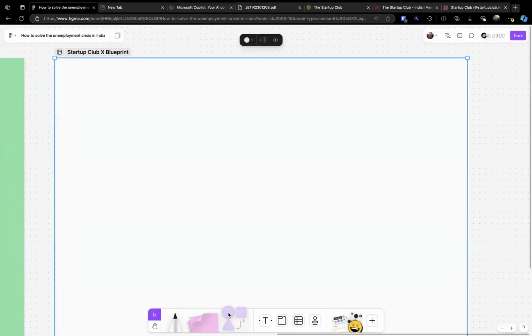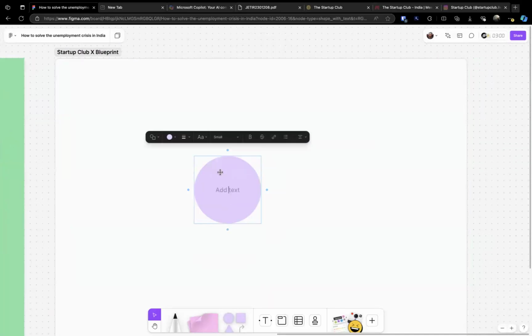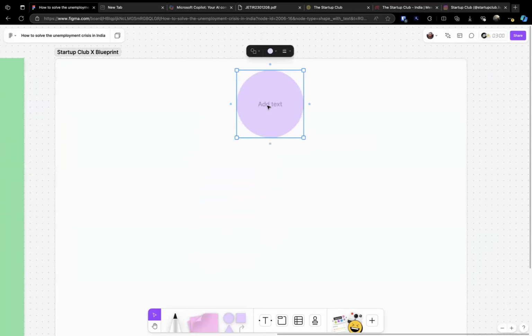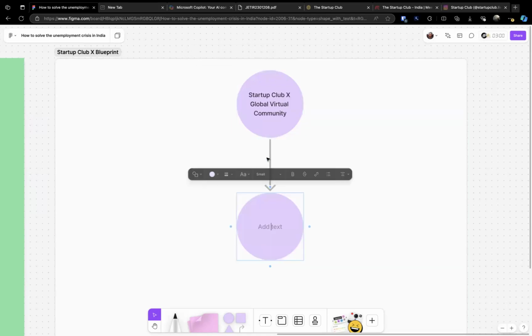So we have an overarching global virtual community, and from this you have country level chapters first.